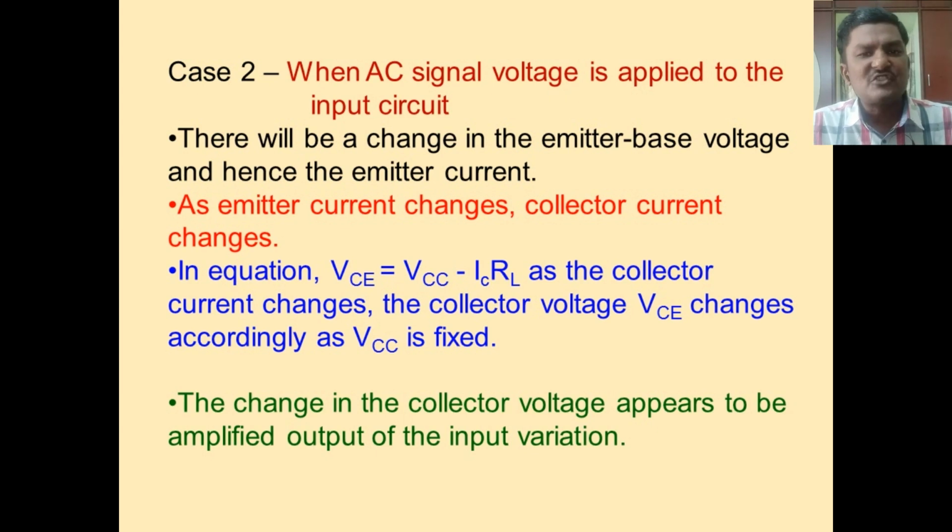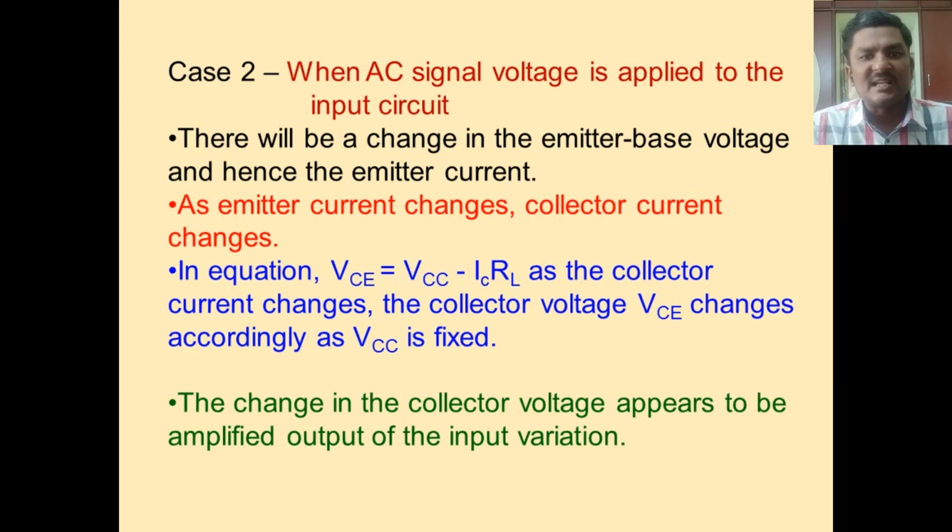Because of change in the emitter base voltage, emitter current also changes. If emitter current changes, consequently collector current also changes, from IE equal to IB plus IC.